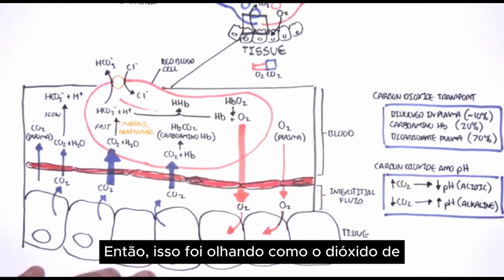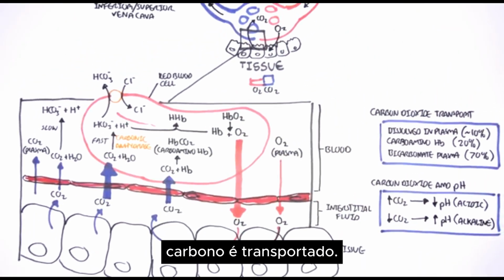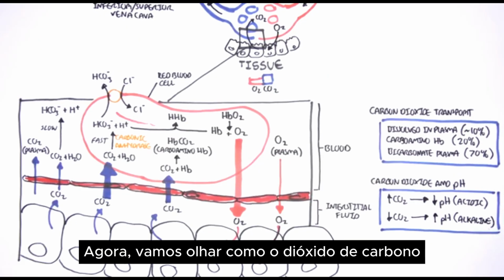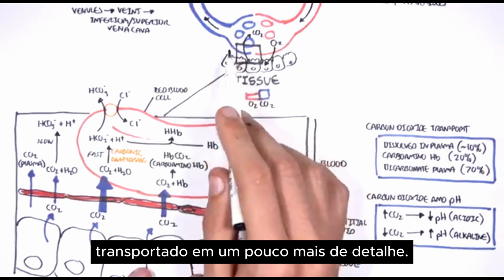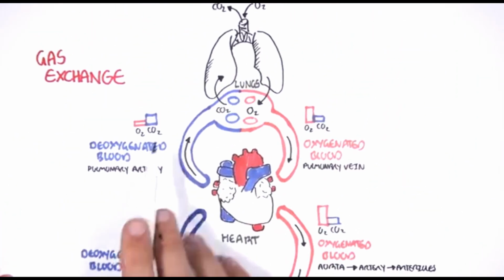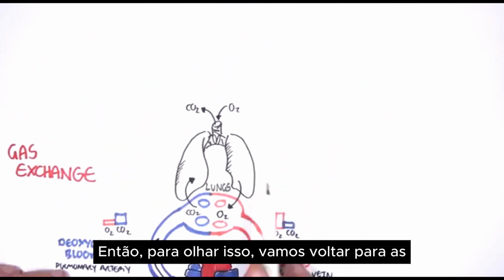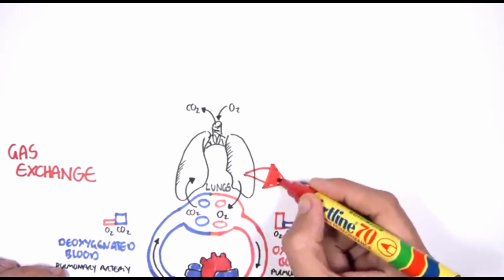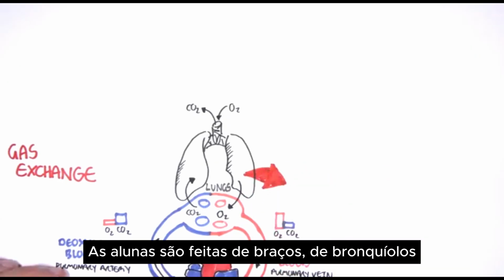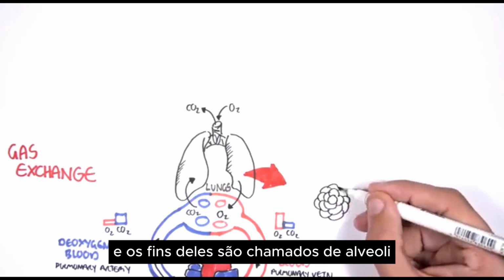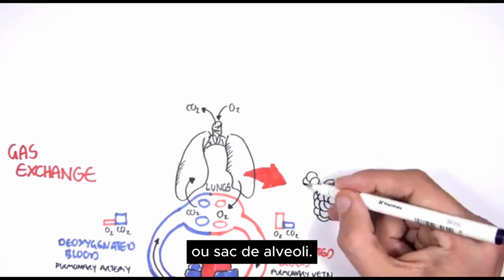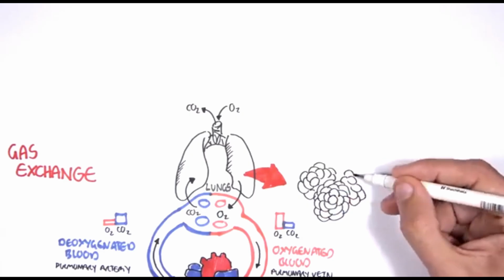So that was looking at how carbon dioxide gets transported. Now let's look at how carbon dioxide gets offloaded, and then how oxygen is transported in a bit more detail. So to look at this, let's go back to the lungs here and zoom in. The lungs are made up of branches of bronchioles and the ends of them called alveoli, or an alveolar sac.